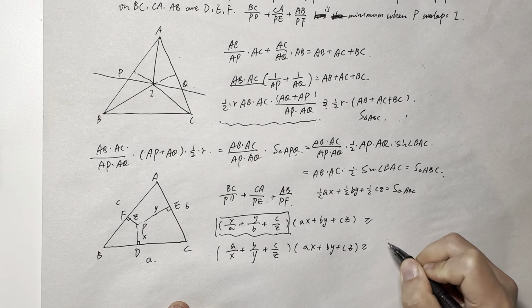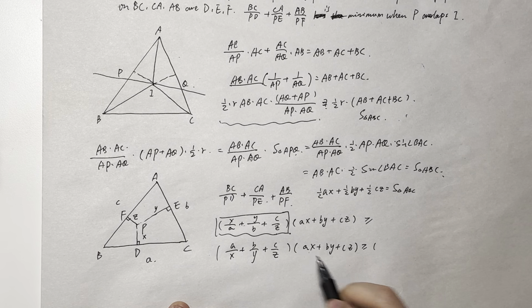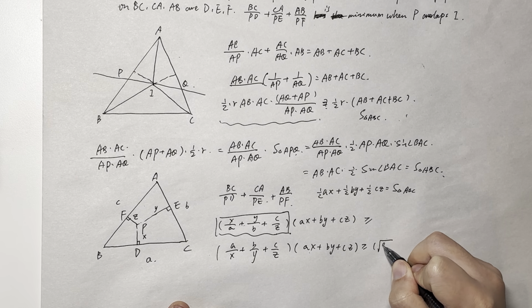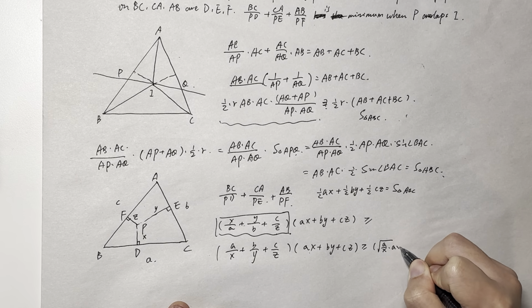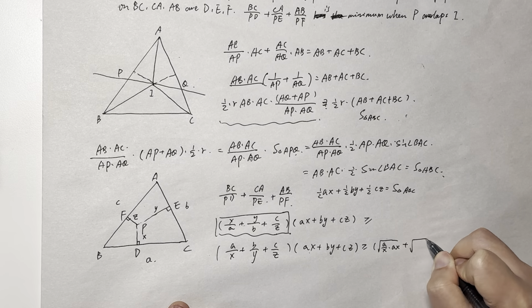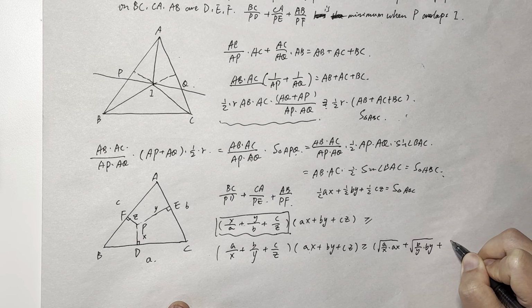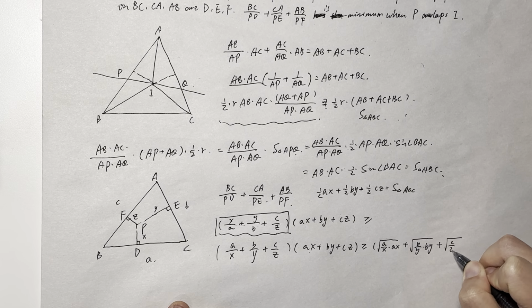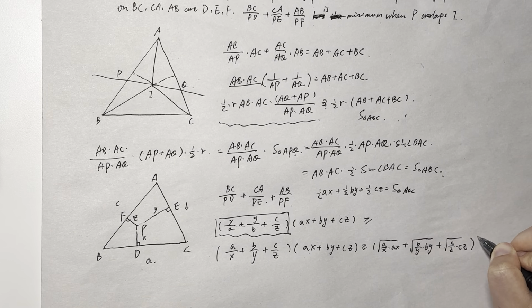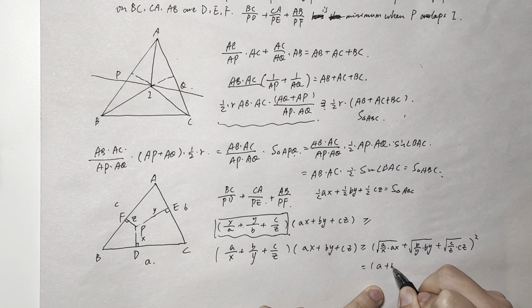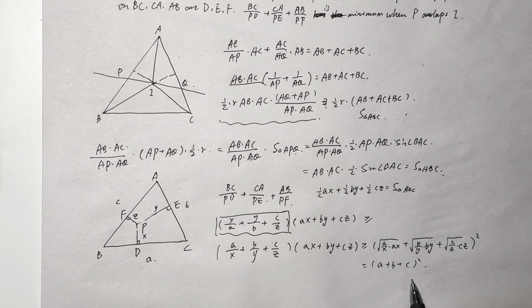This is always larger than or equal to the square of: square root of a over x times ax, plus square root of b over y times by, plus square root of c over z times cz, which is a plus b plus c squared, right? It's always larger than this one, so that's a minimum.